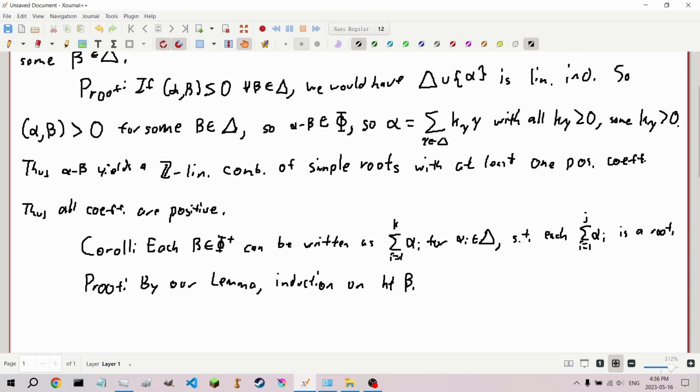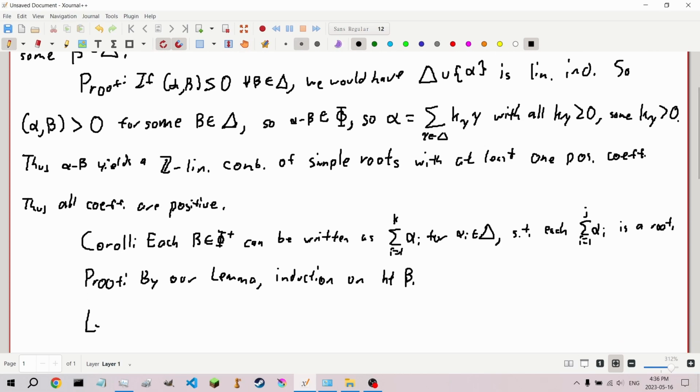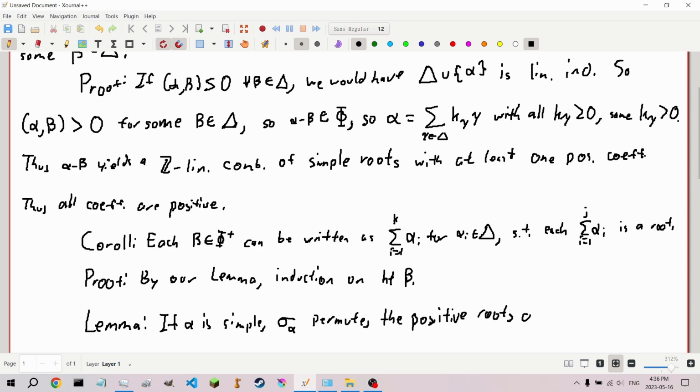Now there's another lemma we're going to use. This one states that if alpha is simple, its reflection permutes the positive roots other than alpha.